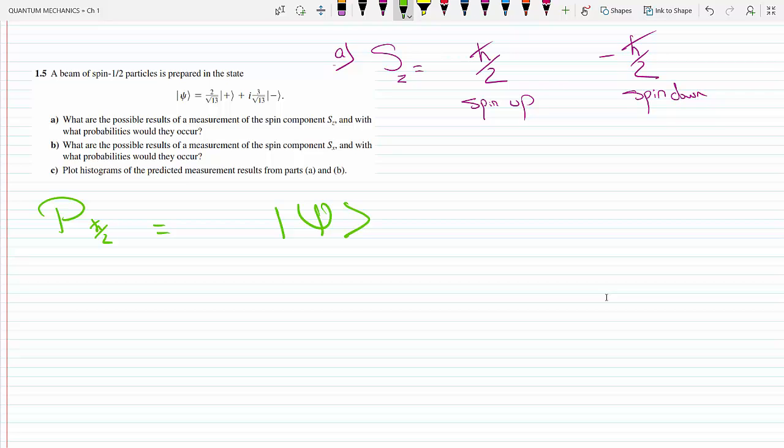The state that you are trying to find the probability for will be your bra on the left. Since h bar over 2 is the spin up, we denote this by this, but we don't usually write 2 lines, we just keep 1 line. And then we have to square this. You understand? This is your probability of finding this in the spin up state.